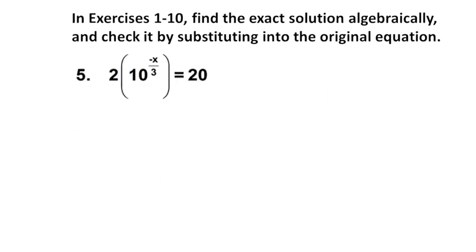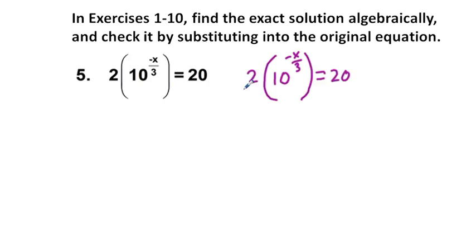Next on our problem, which is 5, I'm going to rewrite 2 times 10 to the power of negative x over 3 is equal to 20.